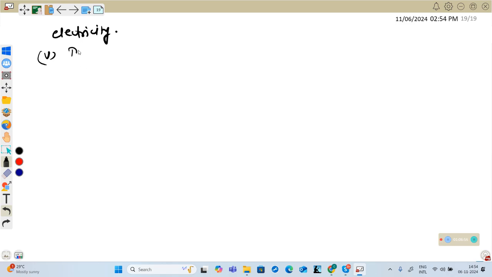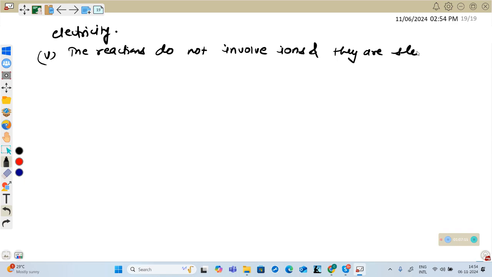The reactions do not involve ions and they are slower than the ionic reactions. These reactions are called molecular reactions.